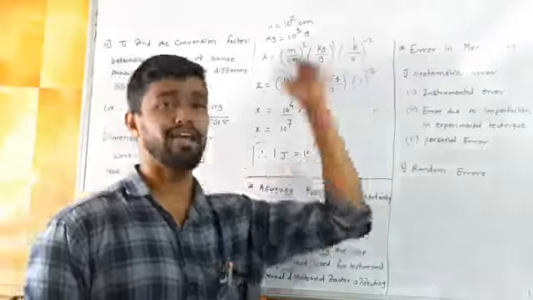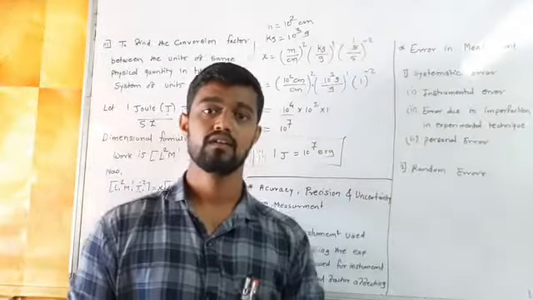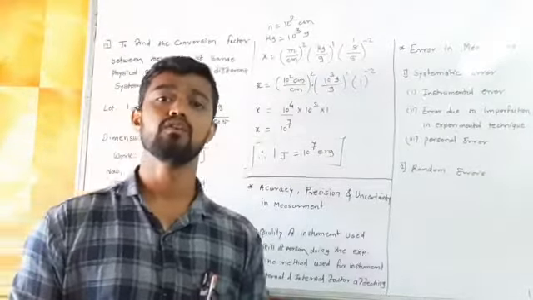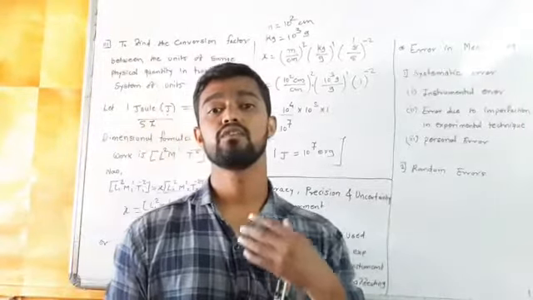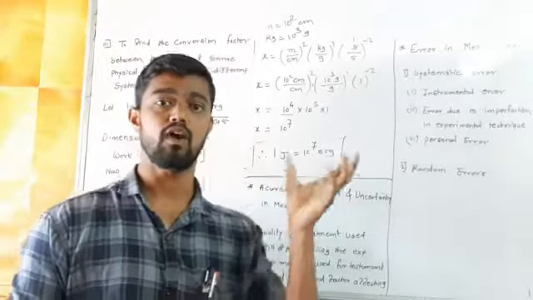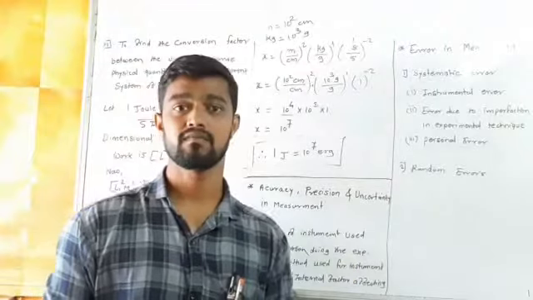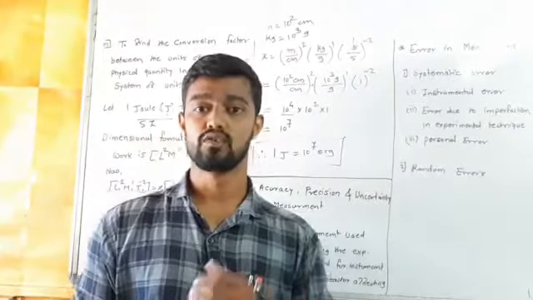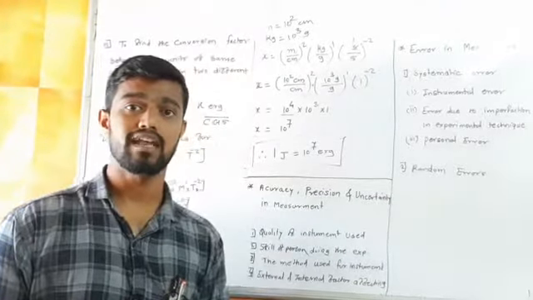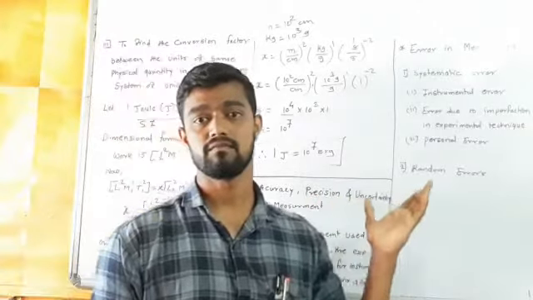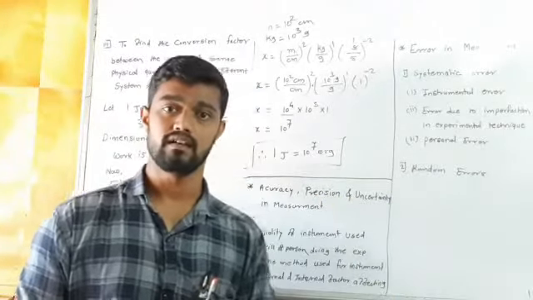What is error? Your observed value is different from the true value. Meaning the observed value is not the same as the true value, and that is called error.